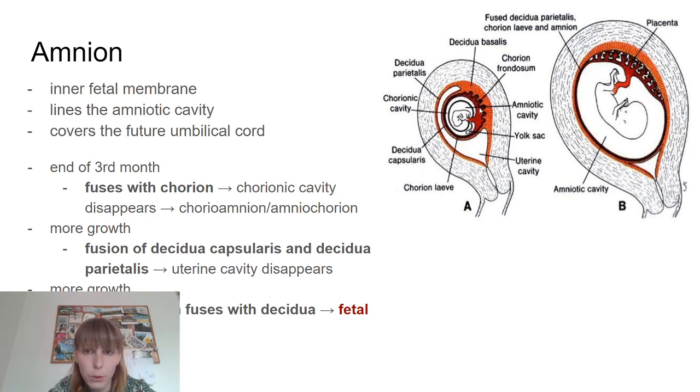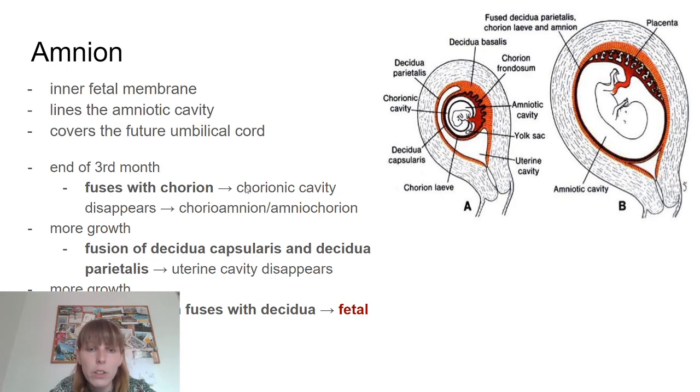Chorion frondosum is this part, the future placenta. So we hit the chorion with the amnion going closer and closer because the embryo is getting larger and larger. So these two will become one layer, basically. So here you already see that the chorion leve and amnion are fused.